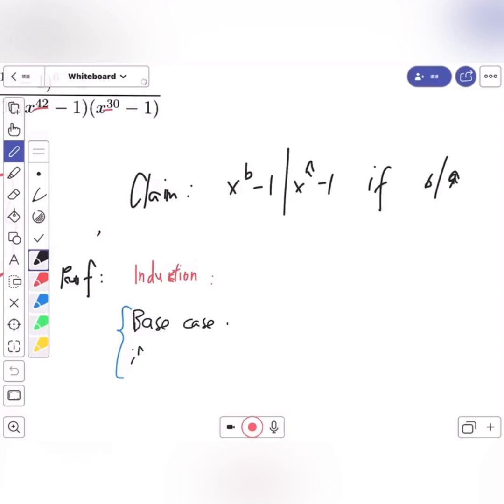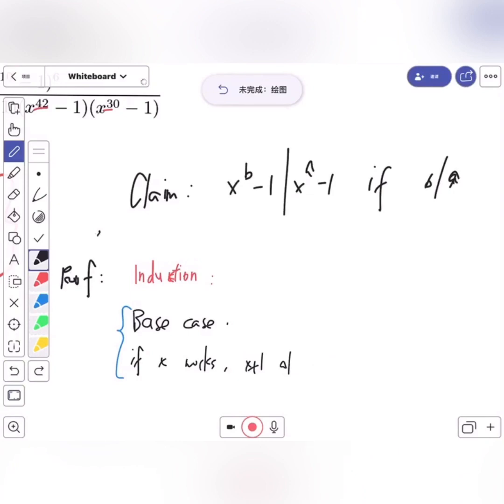Now, if x works, then x plus 1 also works. This second part is the general case: whenever x as a variable works, then x plus 1 works.